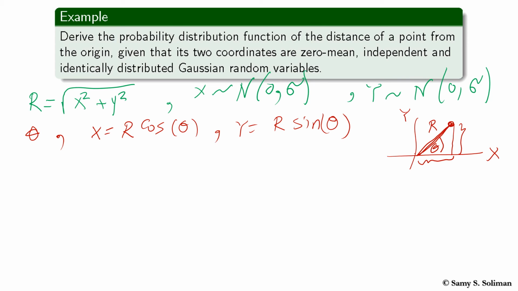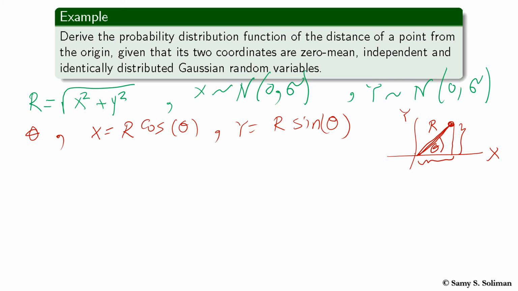Now we have two random variables, r and theta, defined in terms of x and y. So if we succeed in finding the joint distribution of r and theta, and then we integrate that joint distribution over all the possible values of theta, we get the marginal distribution of R, which is the required one. Of course, in order to do that, we need to define both the range of R and theta.